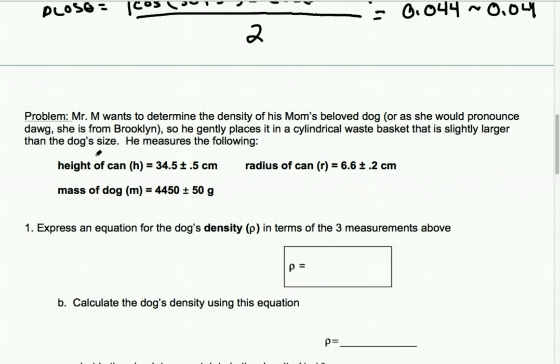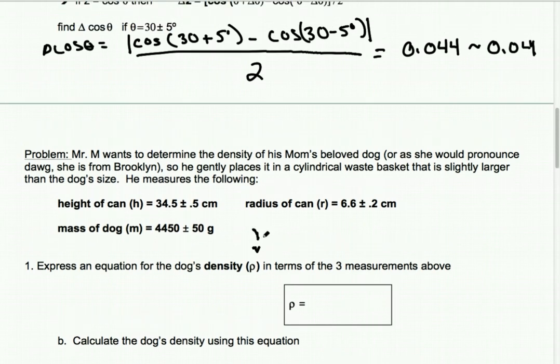So I take some initial data. I have a cylindrical wastebasket, and it's got a height with some uncertainty. It's got a radius with some uncertainty, and I measure the mass of Ginger, also with some uncertainty. So we want to figure out the density, and there's that value of rho. It's just the letter that we use in physics for density. And you know from your chemistry class, density equals mass over volume.